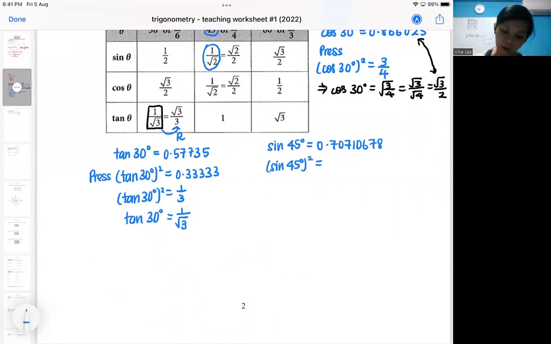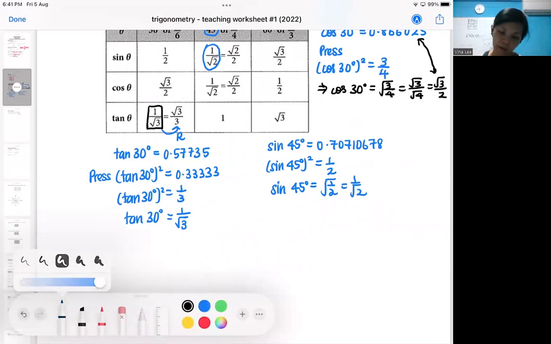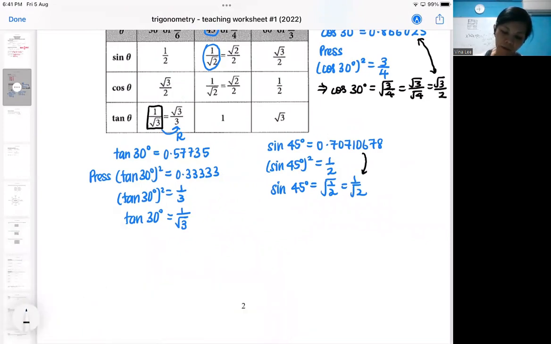If you punch, you get a half, meaning that you got to manually take the square roots so that you know that this long chain of decimal is 1/√2.